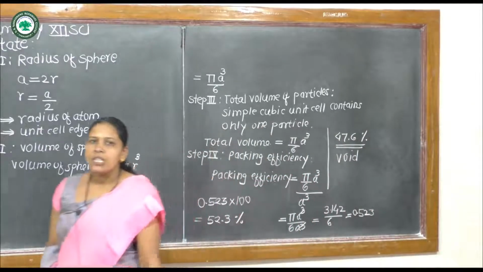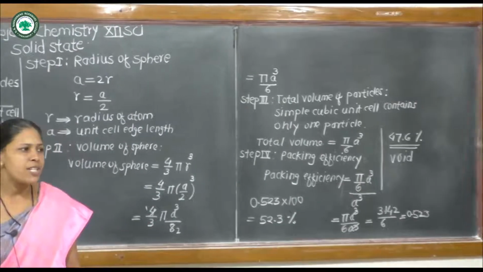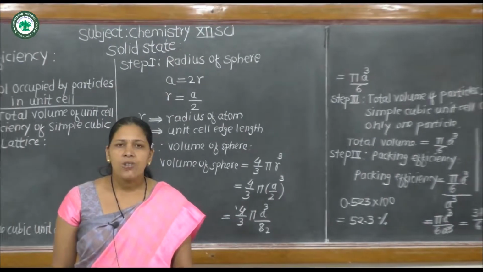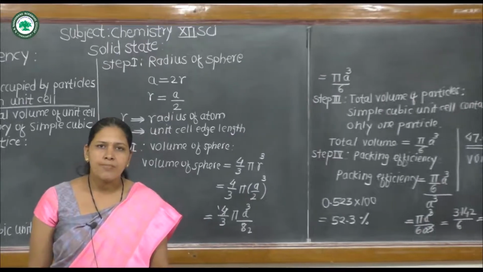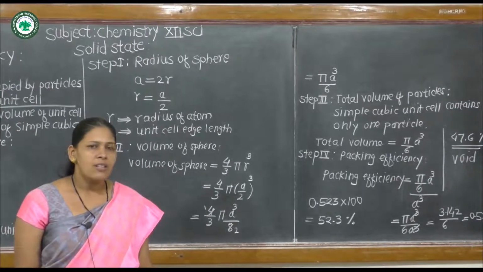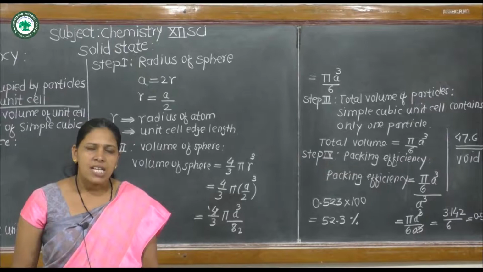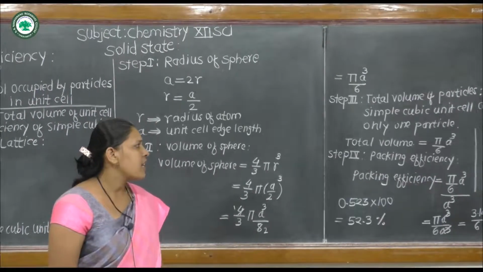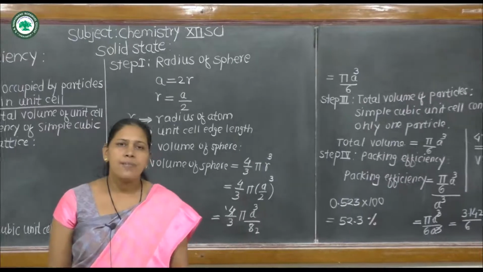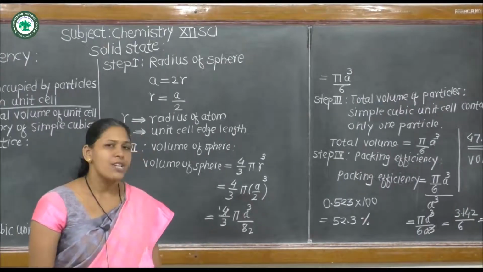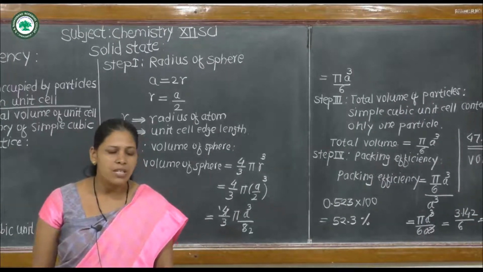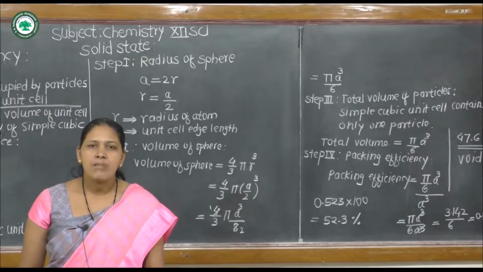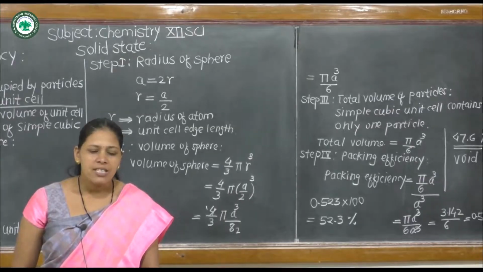There will be a multiple choice question asked for 1 mark: what is the percentage of empty space in a simple cubic unit cell, or what is the percentage of void? Void means the empty space present in the unit cell. That empty space is 47.6% in the simple cubic unit cell. This is about the packing efficiency of the simple cubic unit cell.